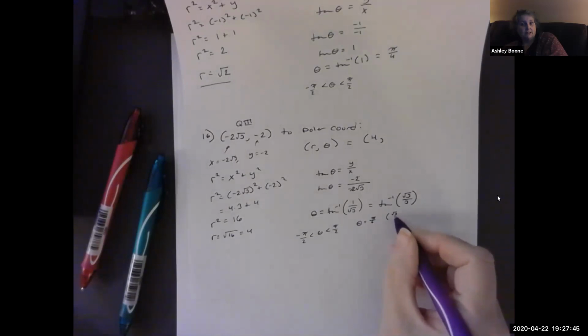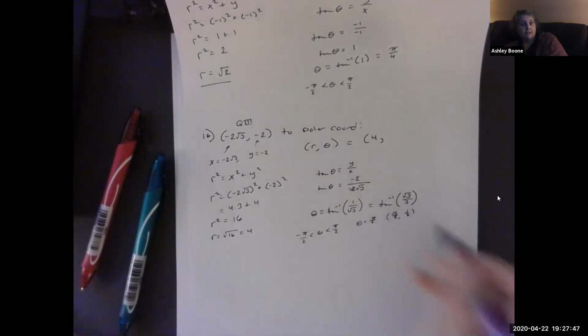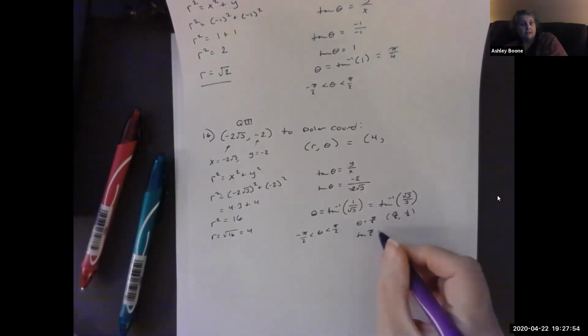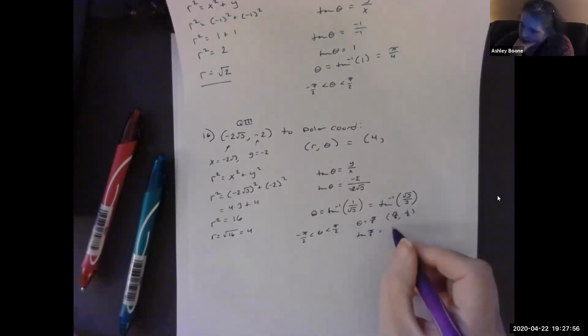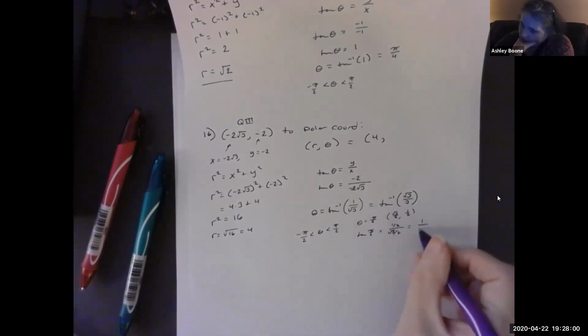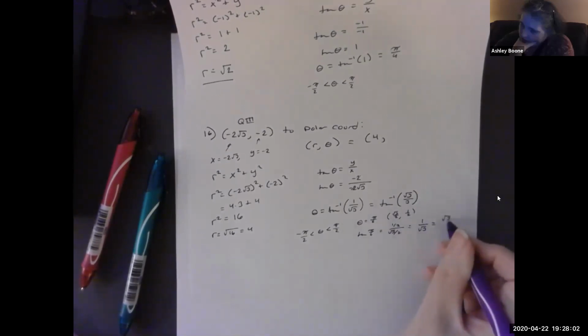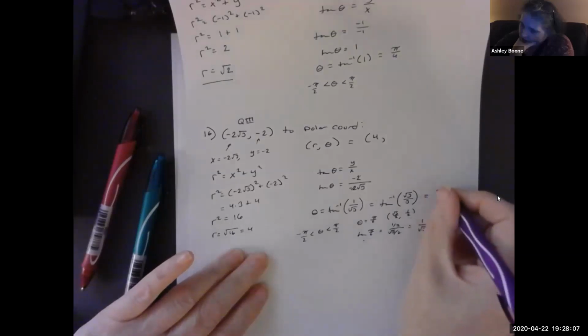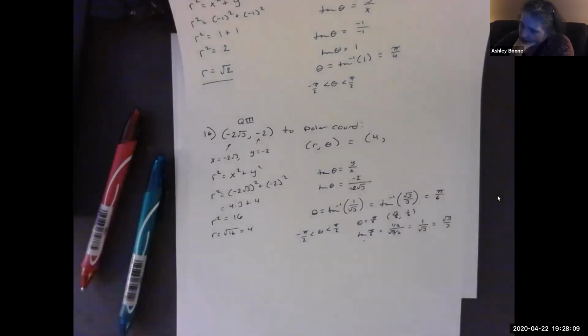That's a root 3 over 2 and a 1/2. So tangent of pi/6 is y over x. That's 1 over square root of 3, or square root of 3 over 3. Pi over 6. This is one of our nice angles, pi over 6.